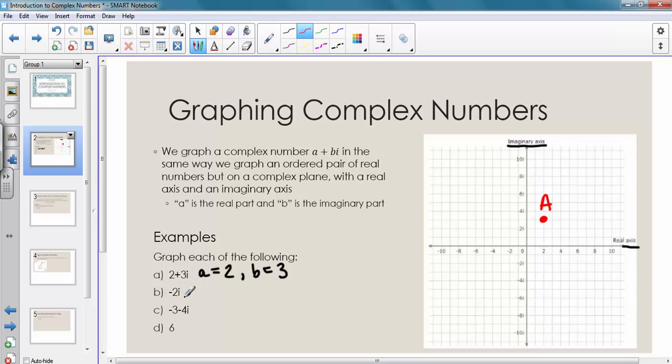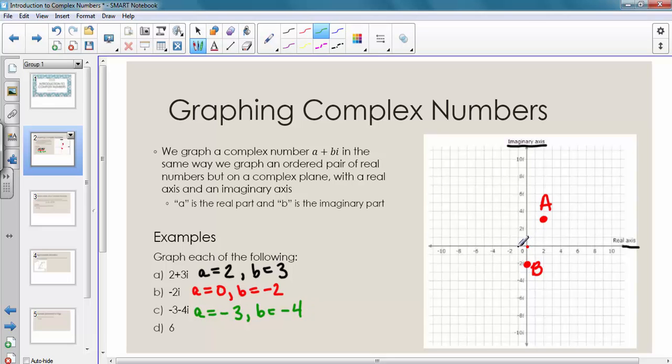Looking at B, we have negative 2i. So here a equals 0 and b equals negative 2. So if a equals 0, the same as if x equals 0, we're not going to move left or right on our real axis, and then we're going to move down 2 on our imaginary axis, and this is point B. For C, we have a equals negative 3 and b equals negative 4.